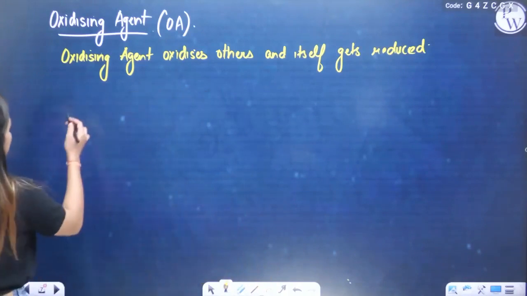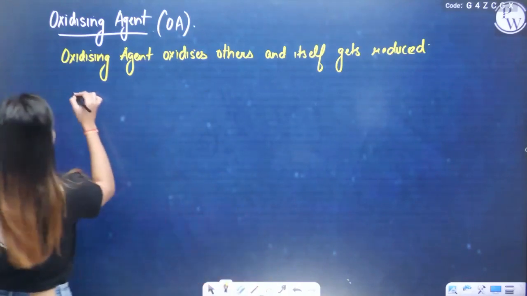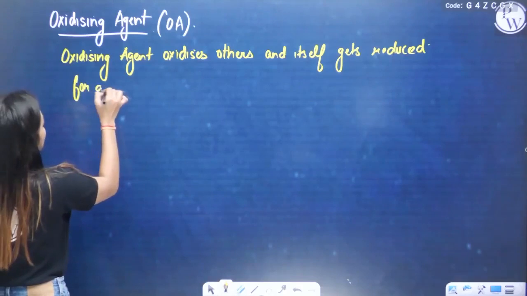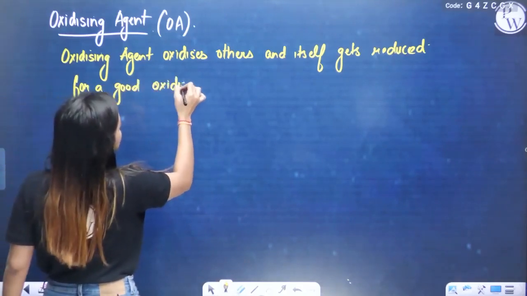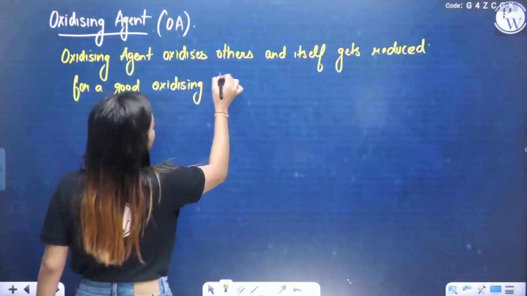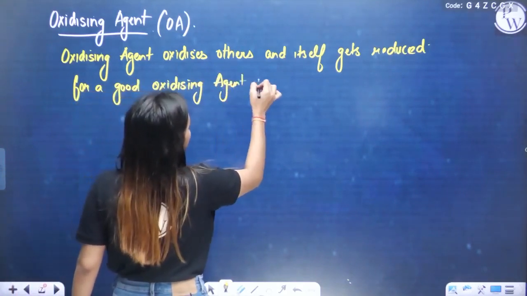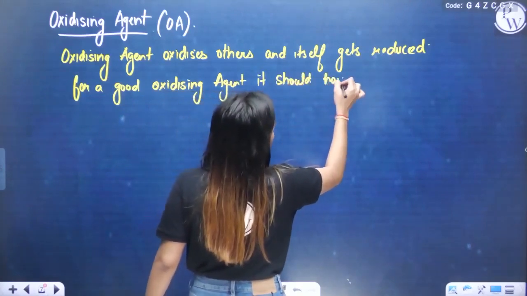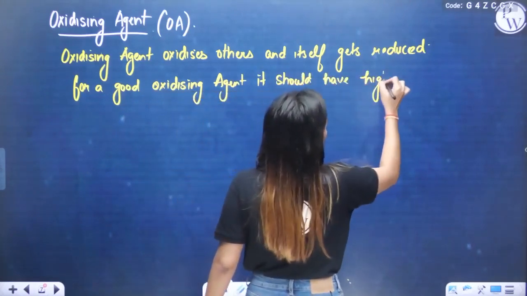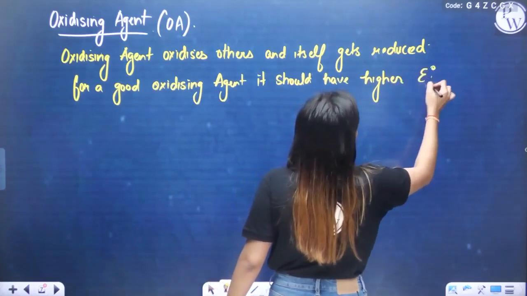So we can say that for a good oxidizing agent, it should have higher reduction potential.